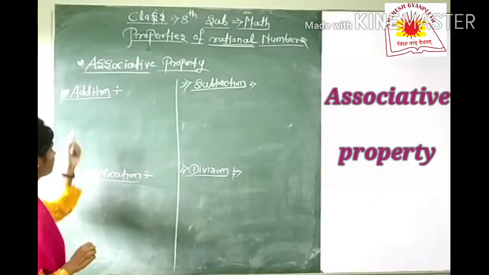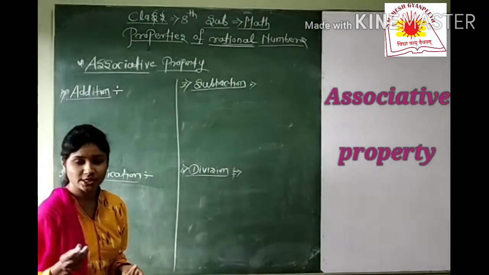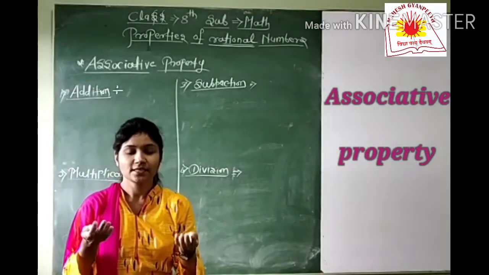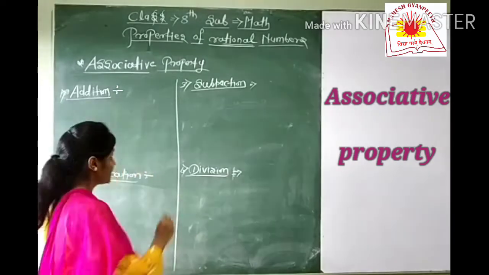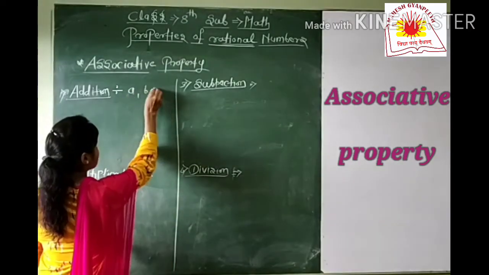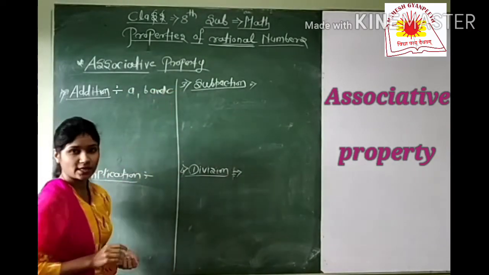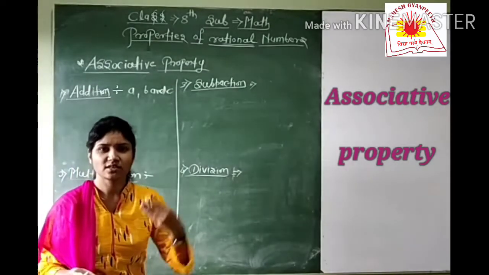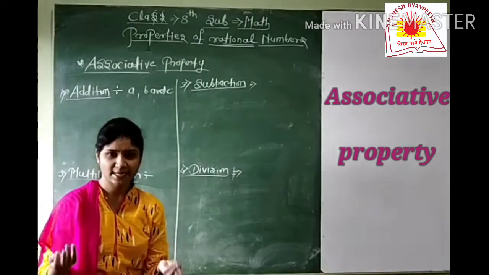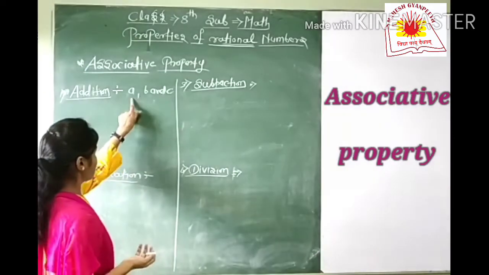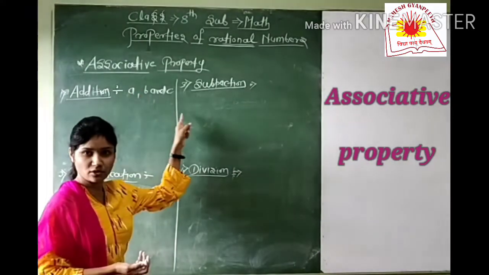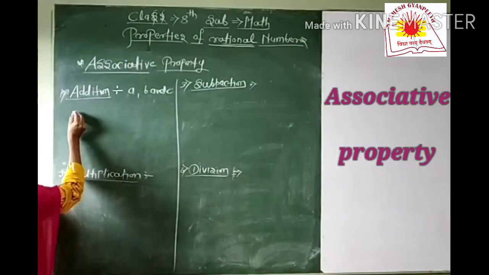Associative property of addition. In associativity we have to take three rational numbers, A, B and C, like A upon B, C upon D, and so on. A is a rational number, B is a rational number, C is also a rational number. What is the associative property of addition?